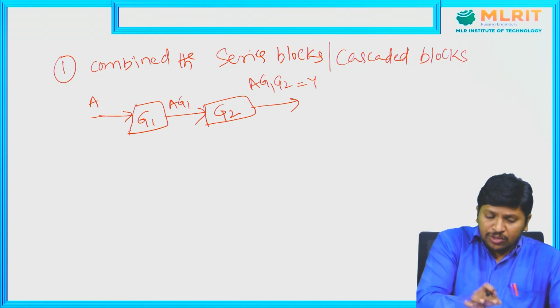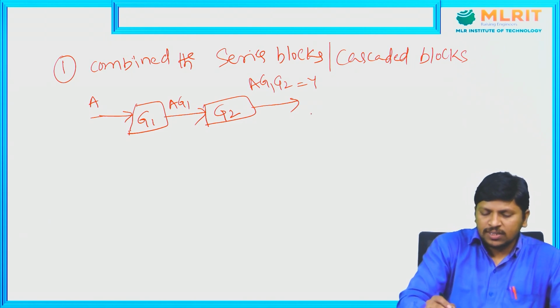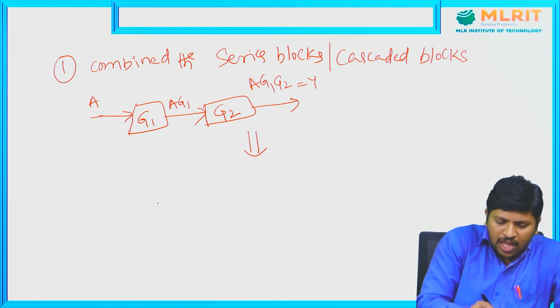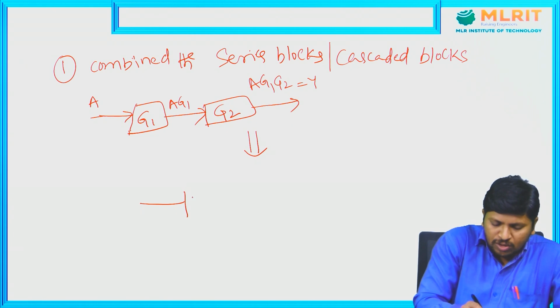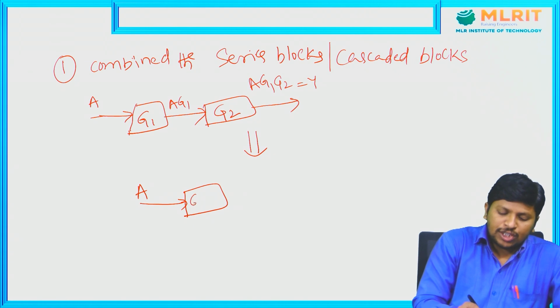Now we are going to reduce these two blocks into a single block. I write these two blocks as a single block: A is my input signal, and G1 and G2 are multiplied.